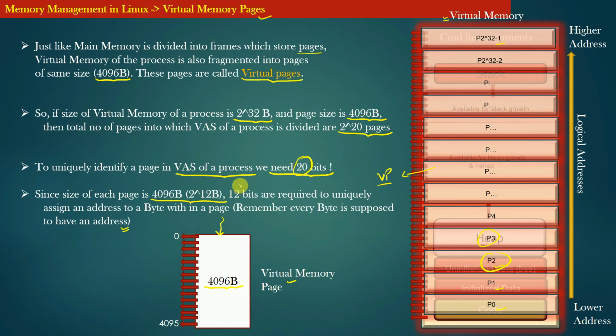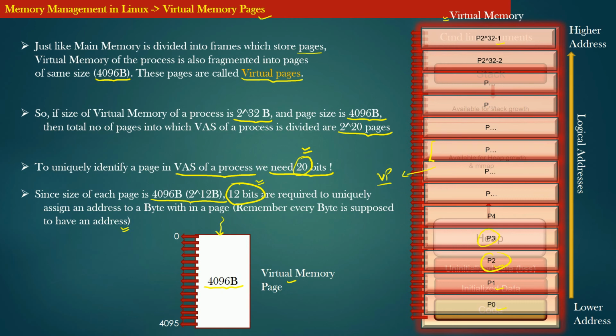Therefore, you need 12 bits in order to uniquely assign an address to a byte within this page. So remember, 20 bits are used to uniquely identify a particular virtual page in a process virtual address space, and once that page is identified, a unique address within that page is identified using 12 bits.